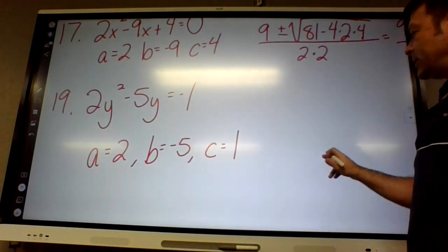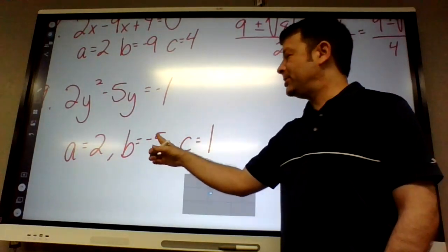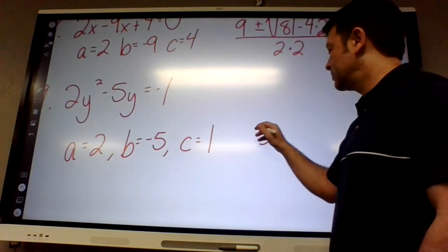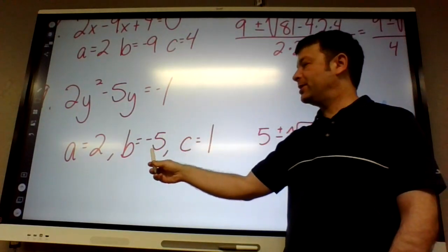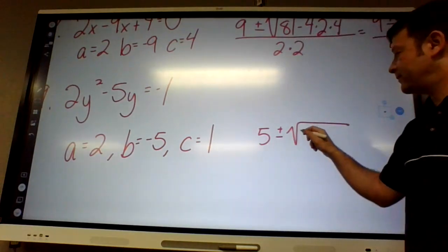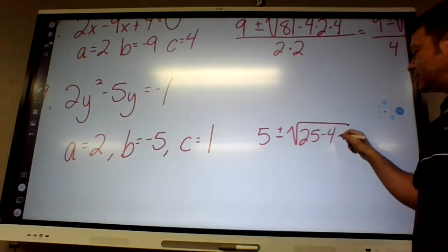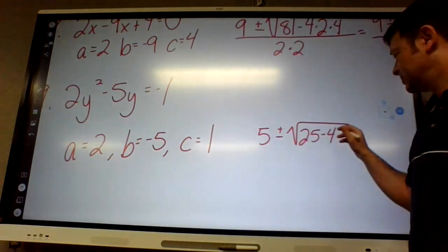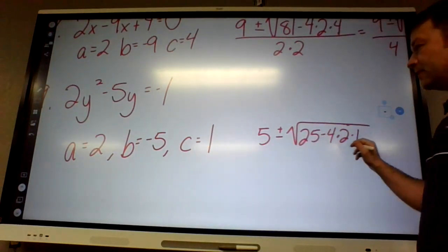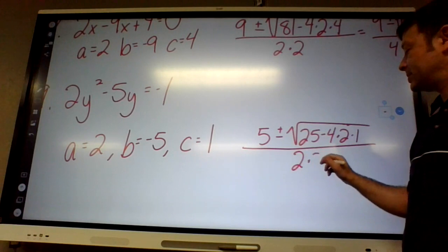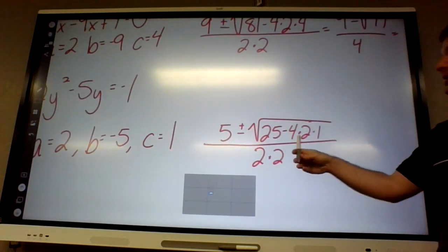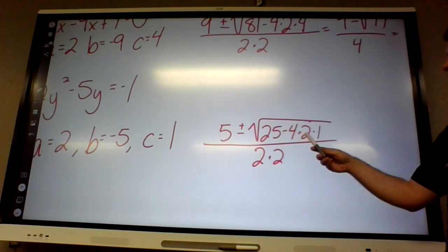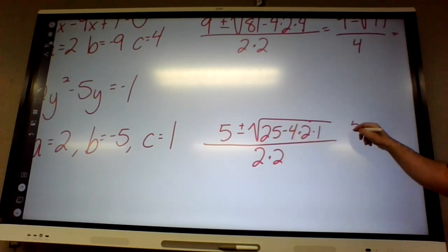Okay, so negative b is going to be positive 5, plus or minus the square root of b squared, 25, minus 4 times a times c, over 2 times a. What makes this one messy is this is basically 25 minus 8, which is 17.